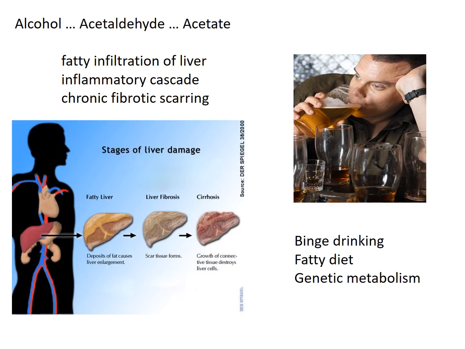So there are stages that an individual goes through who is chronically drinking. There are some stages that they go through before they end up with end-stage cirrhosis, and that is fatty liver to a fibrotic liver, eventually to end-stage chronic destruction, scarring of the liver, referred to as cirrhosis. So an individual who's binge drinking following a fatty diet, and genetics probably play some role in this as well.